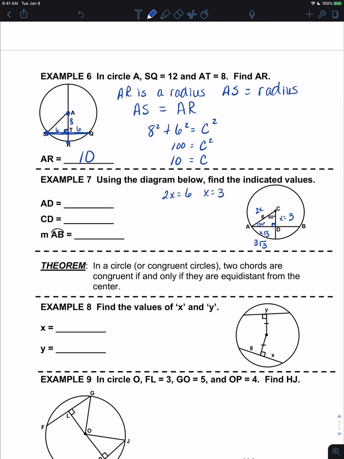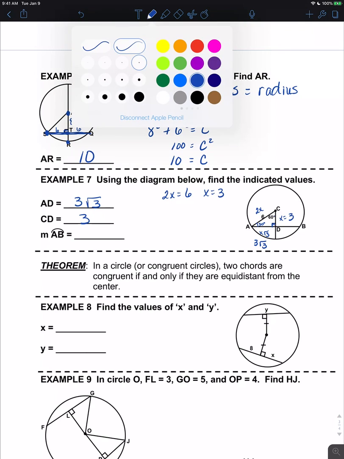So, let's see. Our first question is A to D, 3 square roots of 3. C to D is 3, and the measure of arc A to B would be, well, let's see, let me go to a different color.